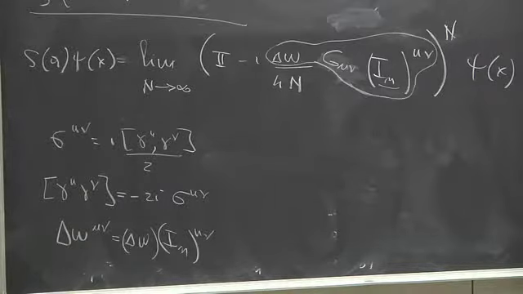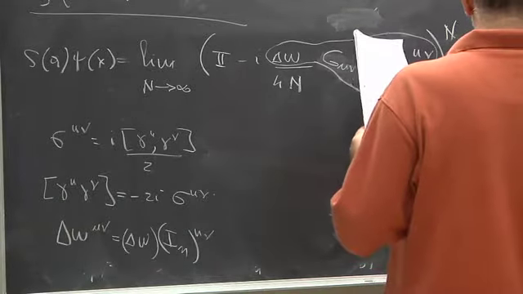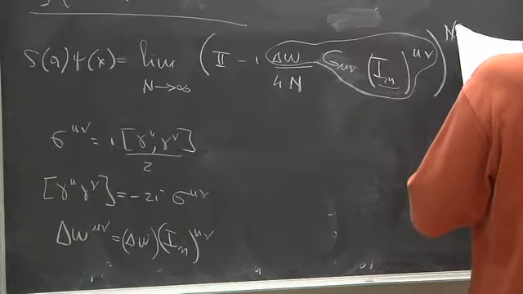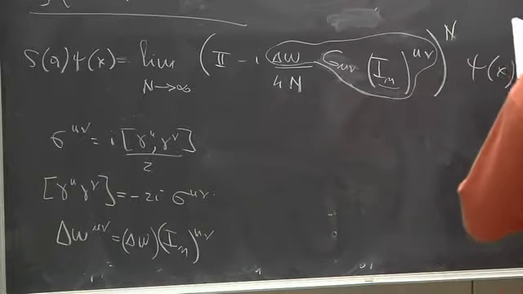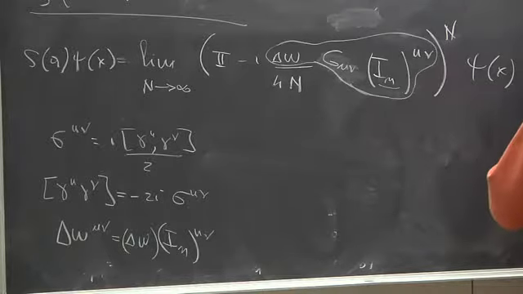Let's, for example, work out the case in which there is only delta omega 1,0 and delta omega 0,1. So for the boost we have exponential minus i/4 delta beta, because this becomes delta beta.